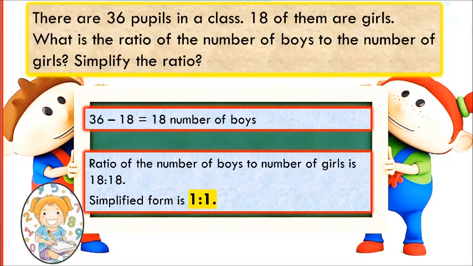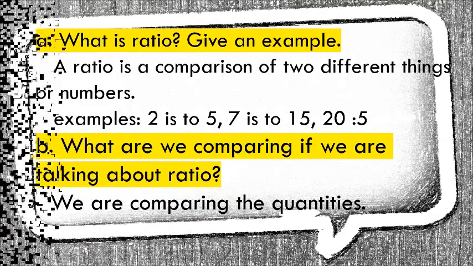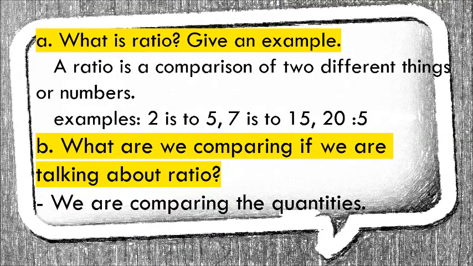Okay, so what is the question here? What is ratio? Give an example. So what is a ratio? We all read. A ratio is a comparison of two different things or numbers. Again, we are comparing two different things or numbers.